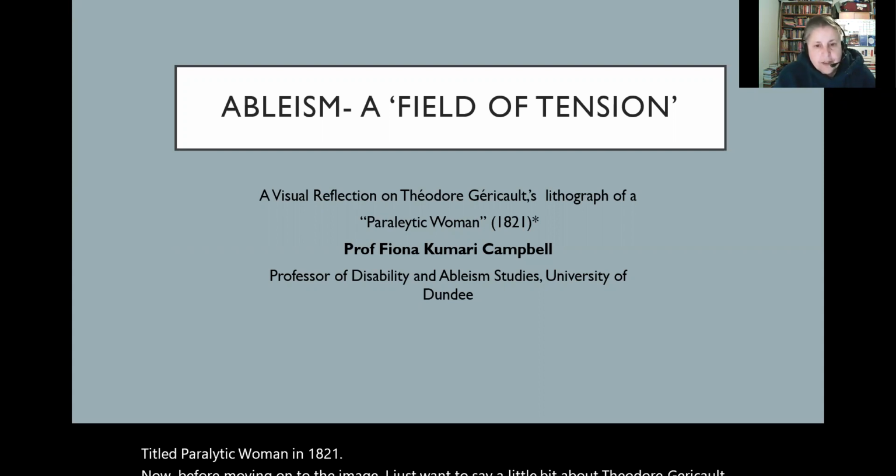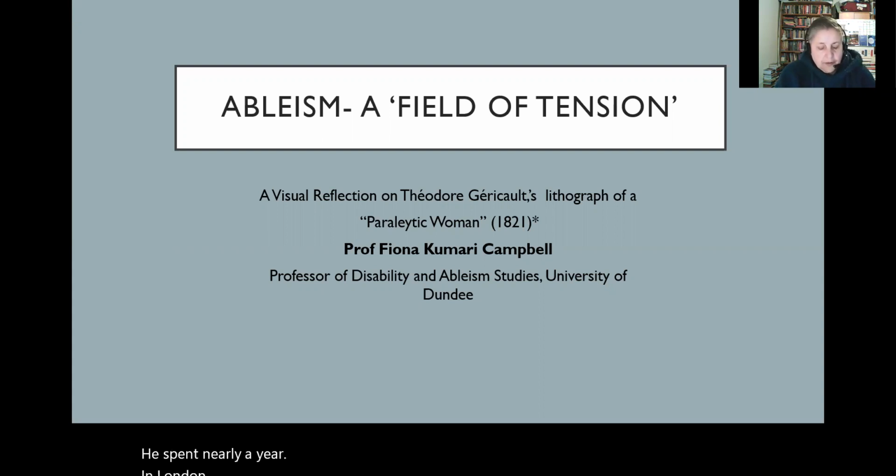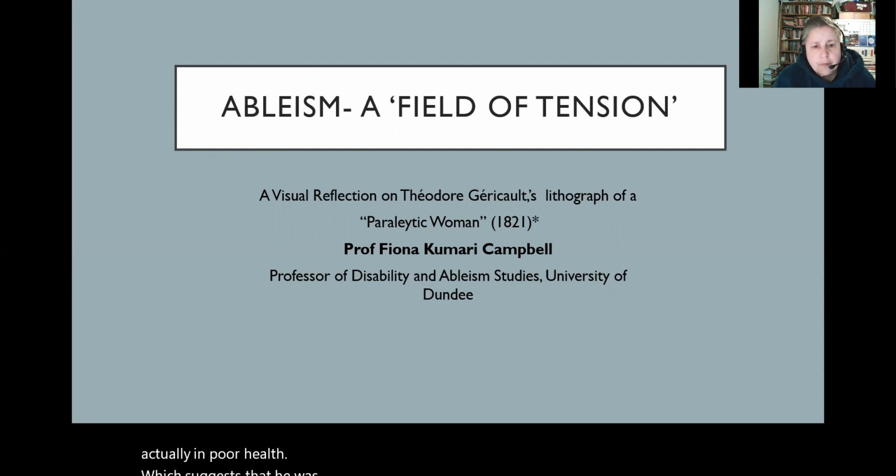He spent nearly a year in London, in working class areas, drawing street scenes. And towards the end of 1821, he returned back to his homeland of France, and he was actually in poor health, which suggests that he was very much an observer of the state of play in the working class areas of London.